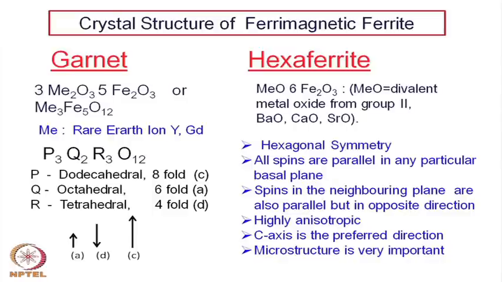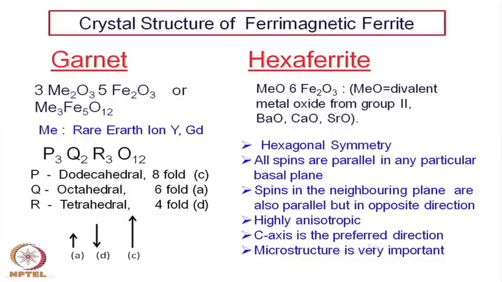Because of this anisotropic property, these hexaferrites or magnetoplumbites have a very large hysteresis loop, and therefore, mostly they are used as permanent magnets. They are not soft magnets or soft ferrites, they are primarily permanent magnets or hard ferrites. Whenever we talk about permanent ceramic magnets, we invariably talk about the hexaferrites or magnetoplumbite structures.